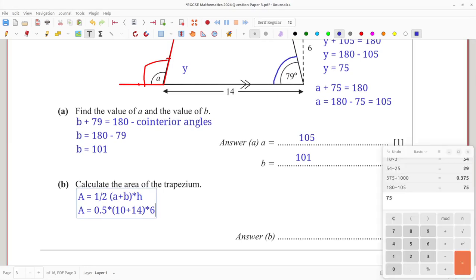Let's just use our calculator in this case. 0.5 multiplied by 10 plus 14 times 6 gives 72. So the area is equal to 72 units squared.